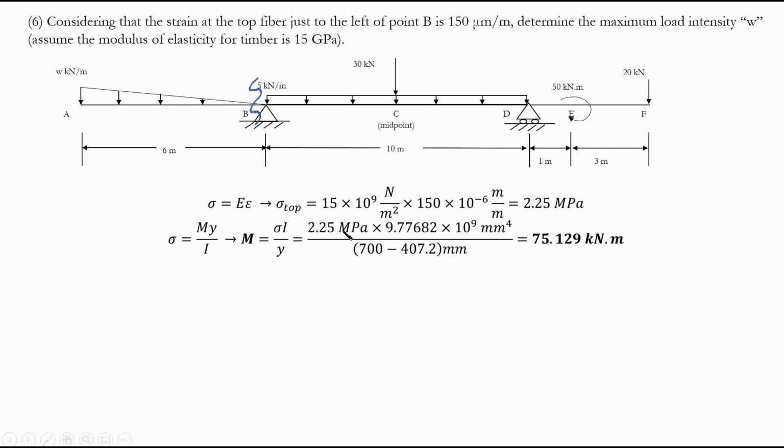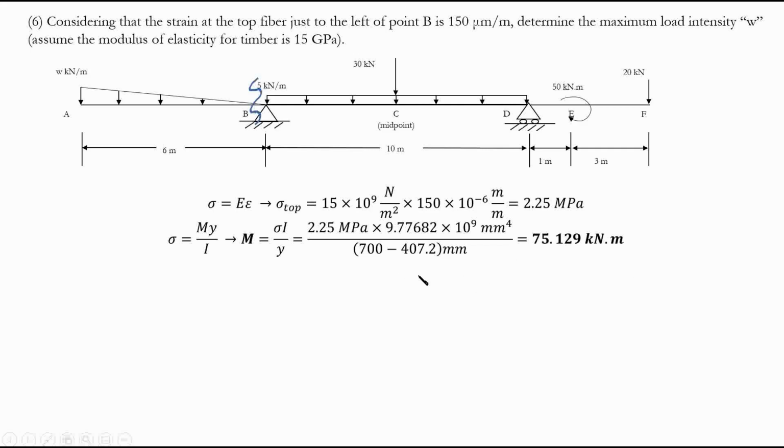Again, you see everything is in megapascal, millimeter, Newton. And at the end, we'll end up with an M value of 75.129 kilonewton meter. Remember, the value you get from solving this is 75.129 times 10 to the power of 6 Newton millimeters. And then you convert it to kilonewton meters.